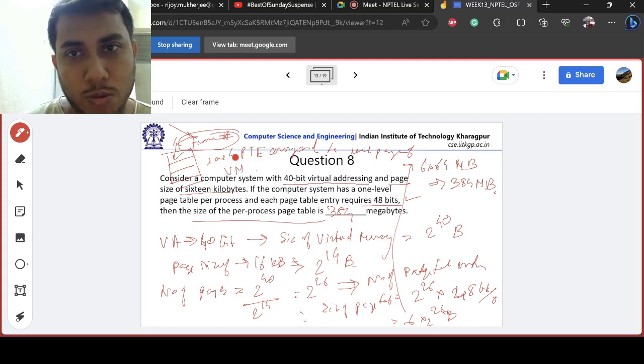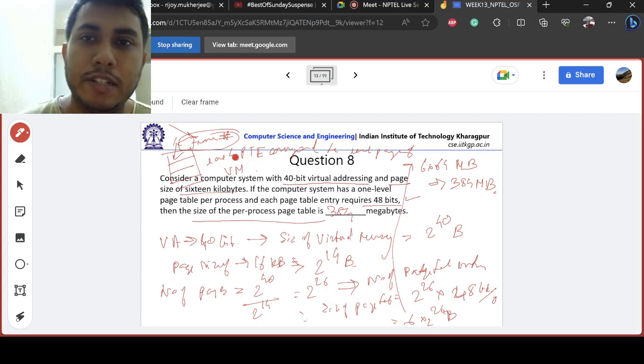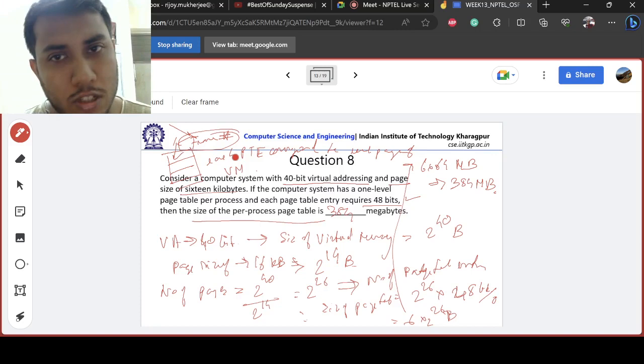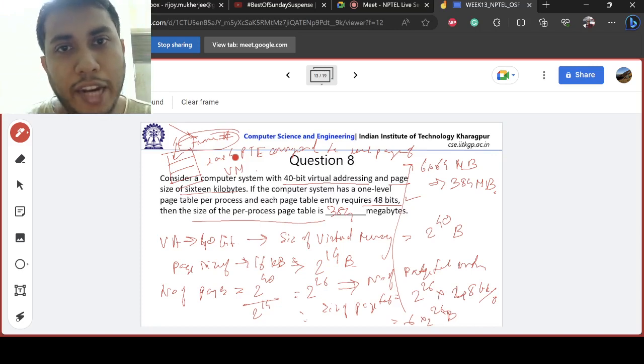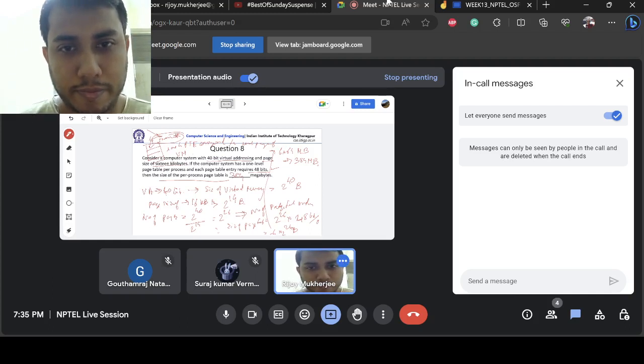So total page table size will be the total number of pages into the size of each page table entry. What is the size of each page table entry? It mostly consists of the number of bits required to represent a frame.